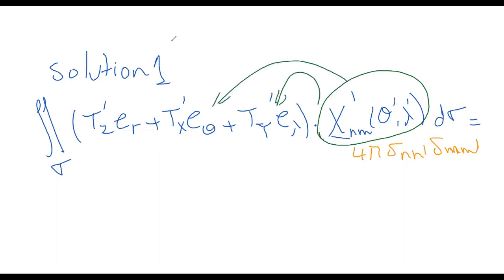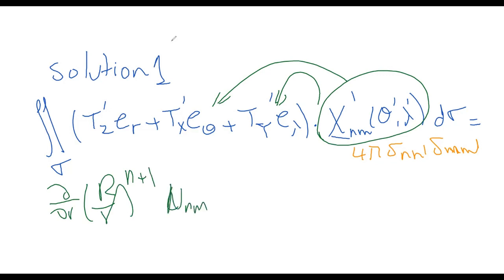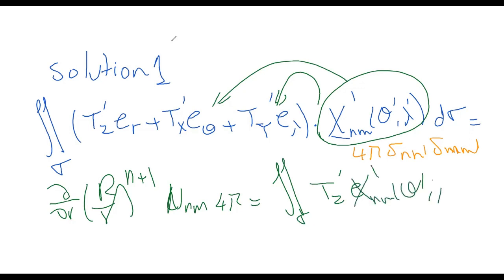So therefore I can simply write that. So n was a derivative of r over n plus 1, and n and m and 4 pi equals this integral, and only Tz is going to be here, and x1 theta prime or lambda prime is sigma.